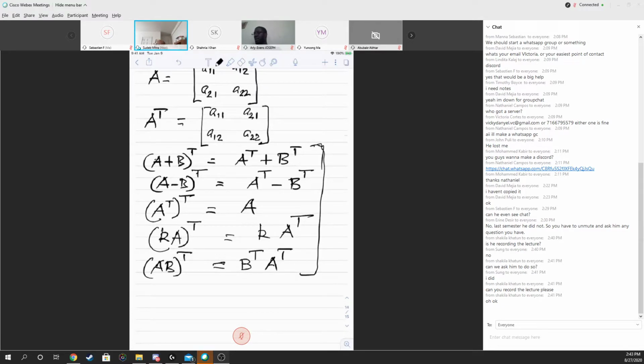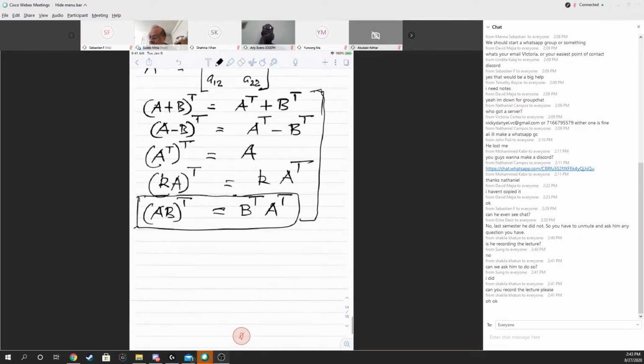But you must know, they are true, they are valid for 3 by 3 matrices, n by n matrices. And this is the interesting thing. See how they behave. B transpose, A transpose.